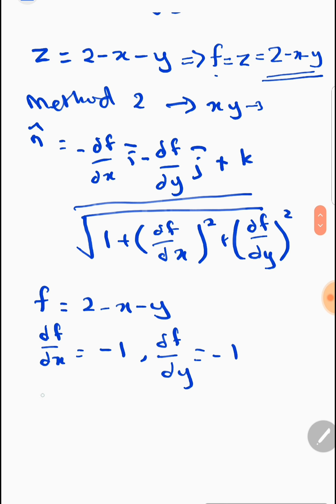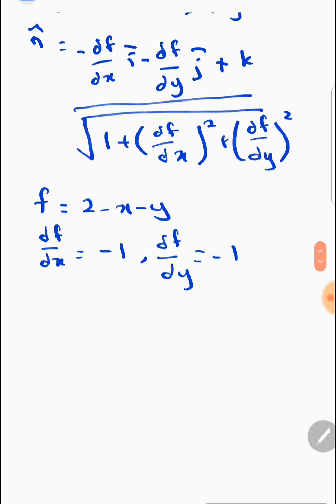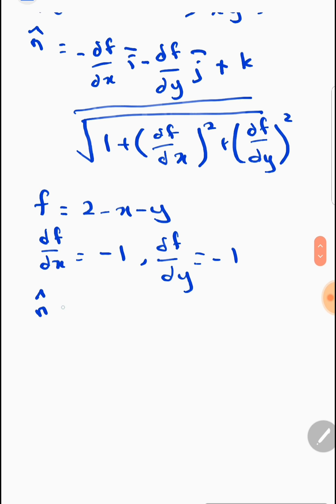That's the only thing we need to get. Therefore, my n cap will be negative of negative 1 i, which gives a positive, so I'll write this directly as i. Then negative of negative 1 j gives a positive, so I'll express this as plus j, and plus k as usual.